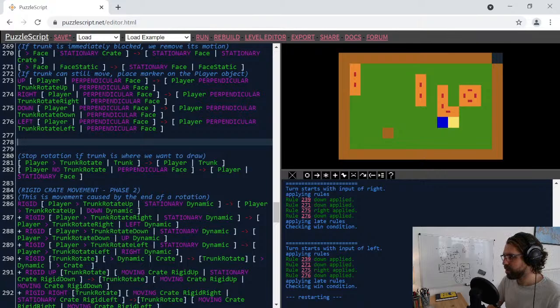So face. I could just follow the direction that the face is trying to turn.